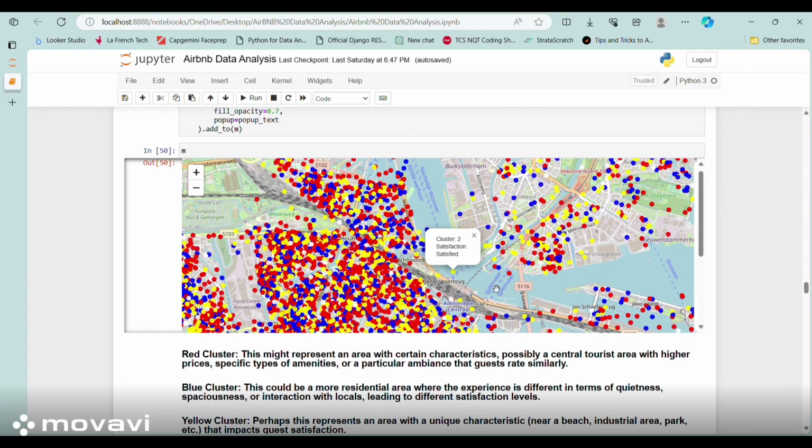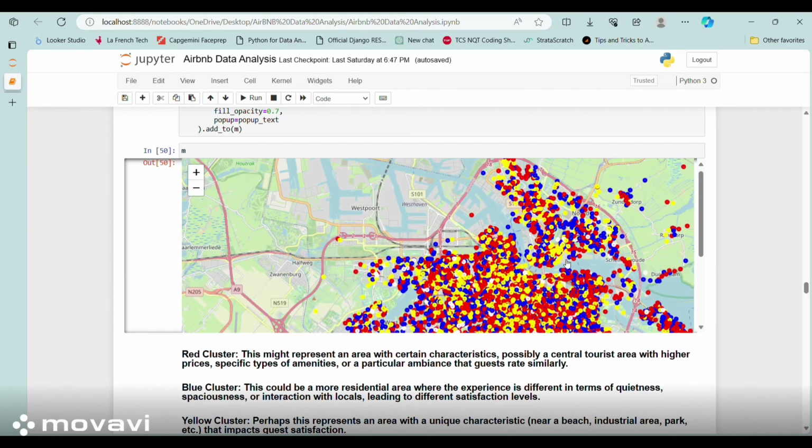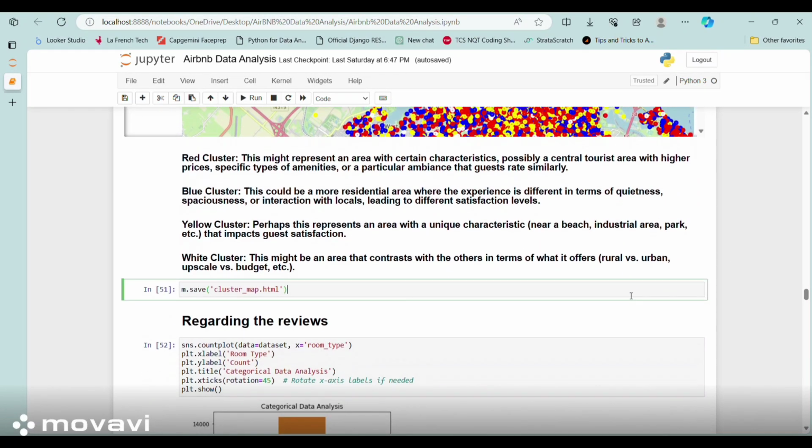The beauty of this map is that it helps travelers discover areas that align with their preferences and gives hosts insight into their characteristics. We are saving this interactive map as an HTML file to explore on your own or to share with others who might find it useful.